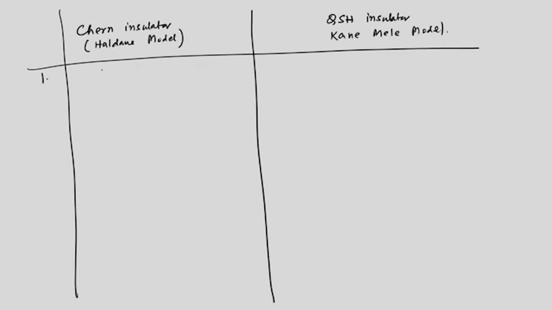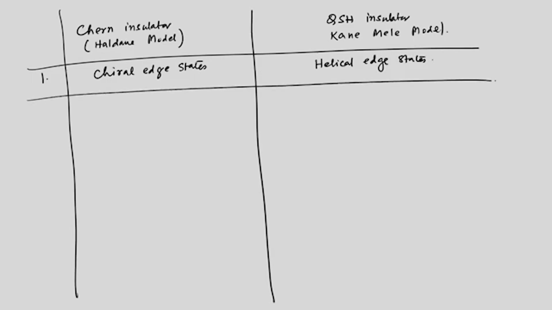So, we have, in no particular order, chiral edge states, that is electrons move in different directions on opposite sides of the sample, and there are helical edge states where they are spin filtered. So, this is one.